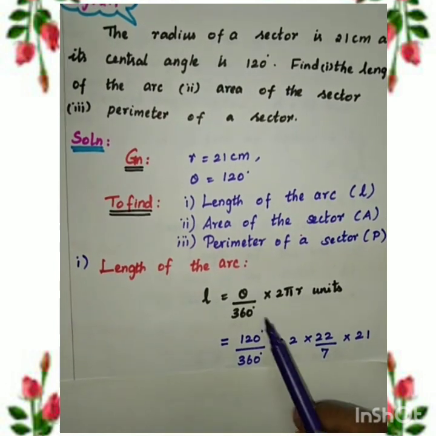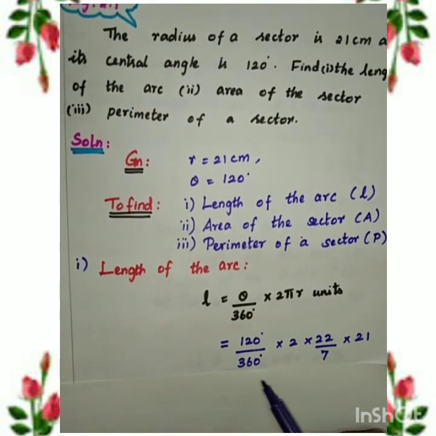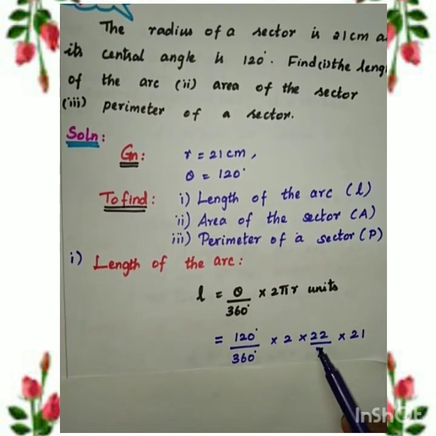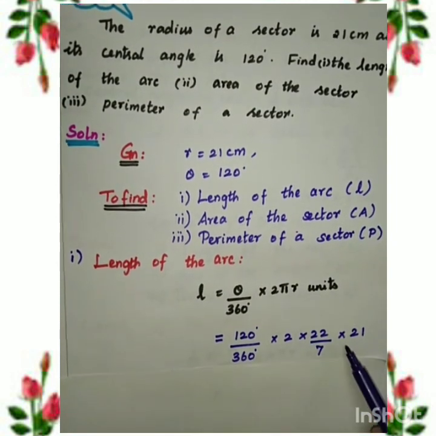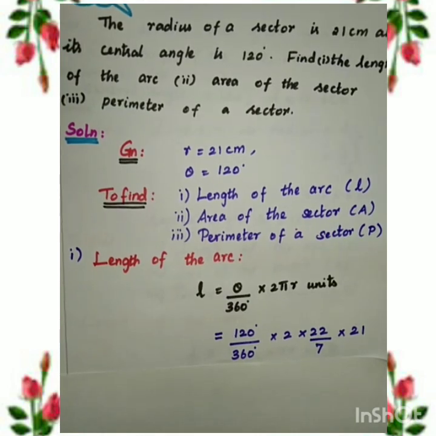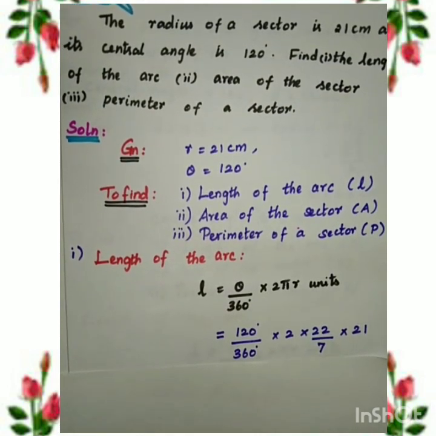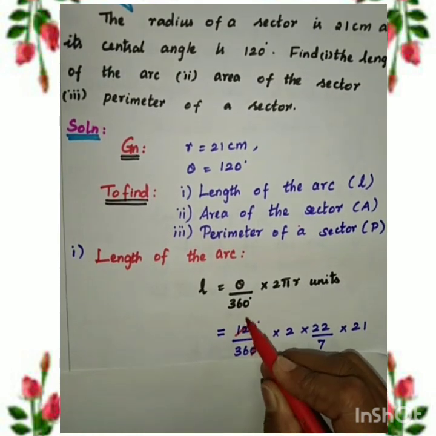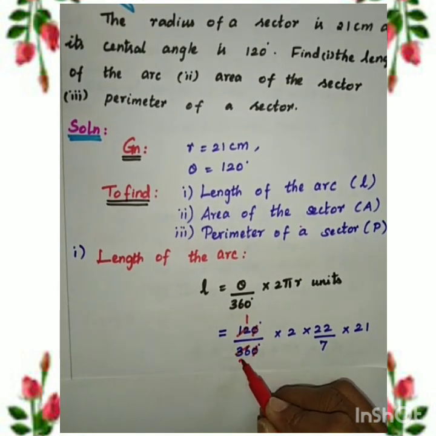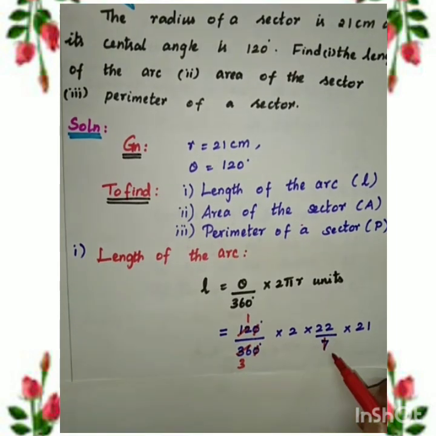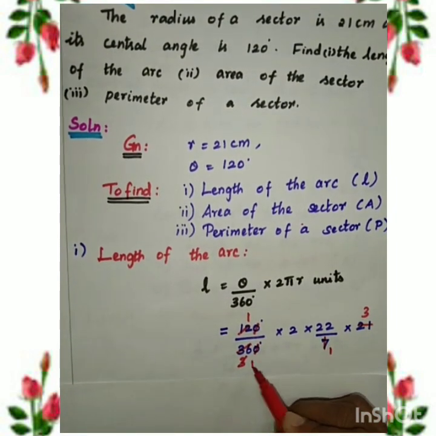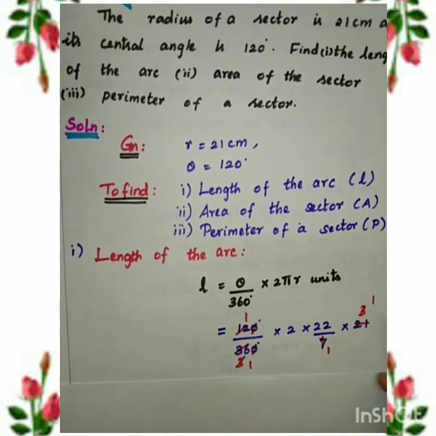So here theta is 120 degree by 360 degree into 2 into, instead of pi we are writing 22 by 7, radius is 21 centimeter. So we can cancel this. 0 we can cancel, then 12 ones are 12, threes are, 7 ones are 7, threes are 21, then again 3 ones are 3, ones are.